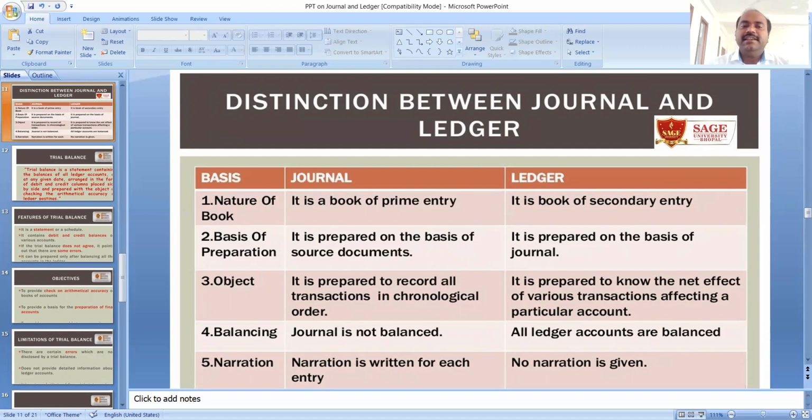The journal is prepared on the basis of source documents and the ledger is prepared on the basis of the journal. The journal records all transactions in chronological order, and the ledger shows the net effect of various transactions. The journal is not balanced and ledger accounts are balanced, and narration is written in the journal and no narration is given in the ledger. I hope everyone has understood, and bye bye everyone.